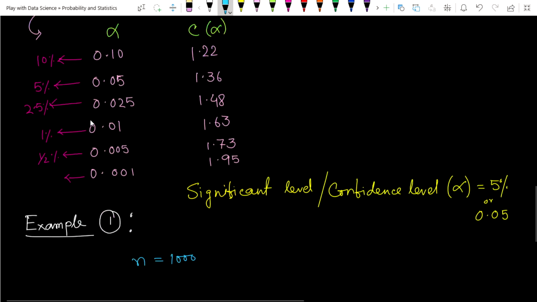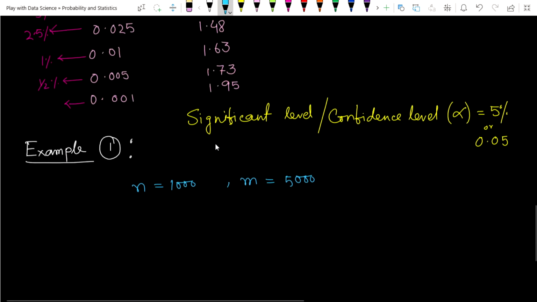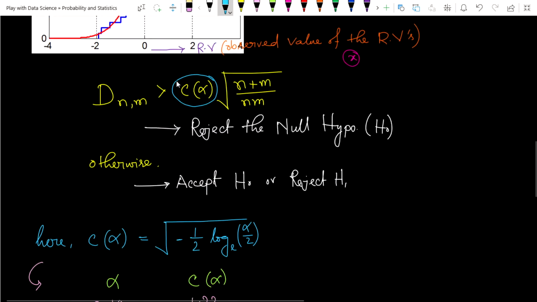The m value, the number of observations from the random variable x2, let's say is 5000.